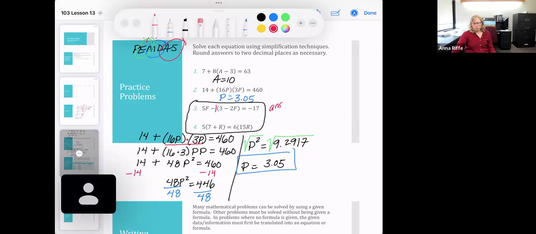Put your answers in the chat for these. One of them you should get a whole number, or rather an integer. The other you'll get a decimal that you'll need to round.